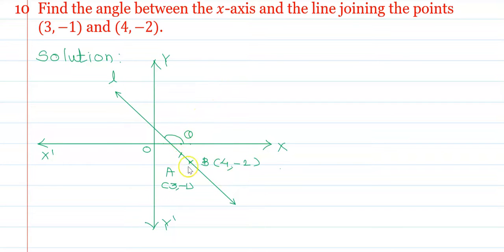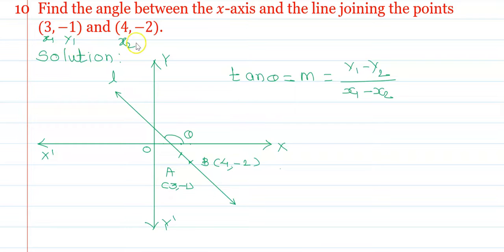Now here we have the two points A and B. Therefore, tan theta is equal to m, that is slope, and this m is nothing but y1 minus y2 upon x1 minus x2. The first coordinate (3, -1) here is x1, y1, and then x2 and y2.